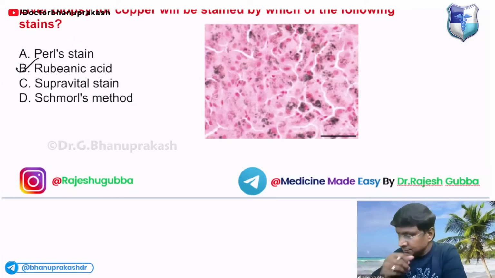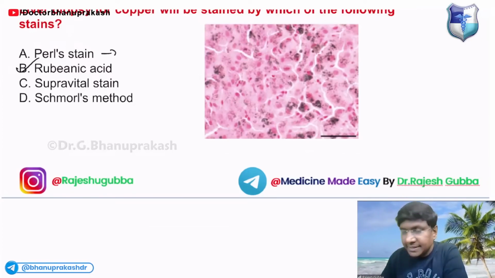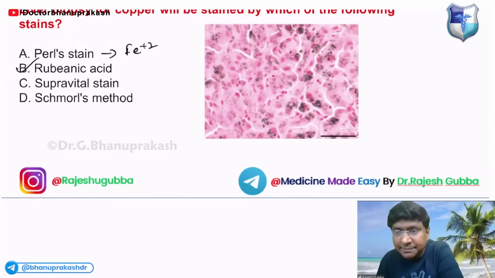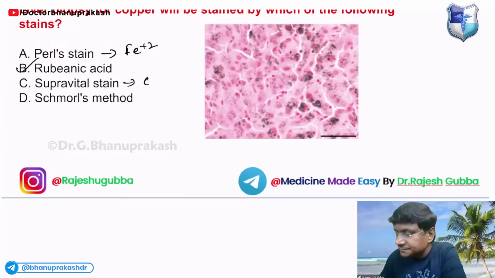Whereas the Pearl stain is for iron deposits. The supravital stain is used in microscopy to observe the cells of living organisms.